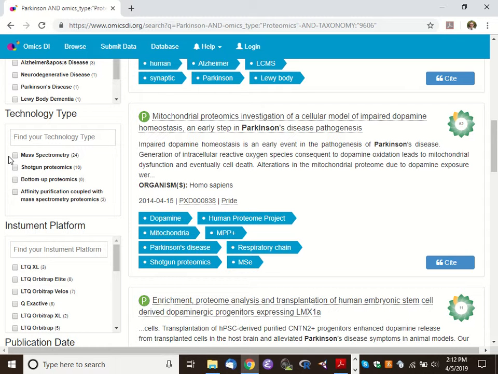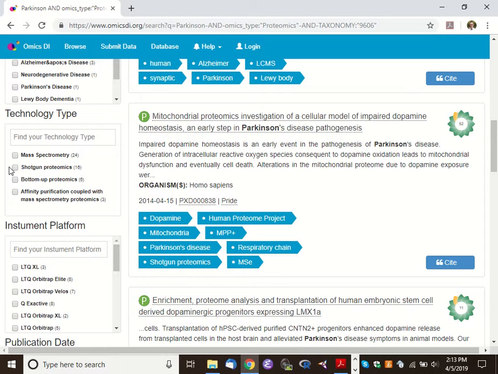Someone may have been using MALDI-TOF, for example, or someone may have been using like MALDI-TOF profiling, or someone may have been using a triple quad if they were doing a quantification experiment. So mass spectrometry is a broad enough field that we can't just assume that people were building shotgun proteome inventories by doing so.